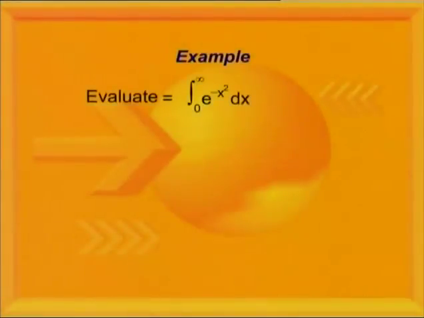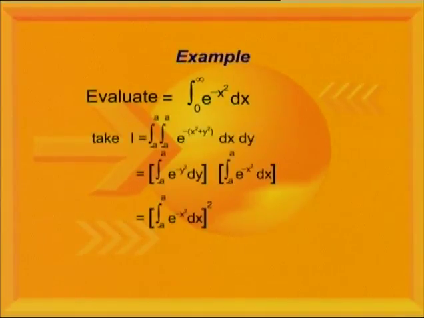This is integration of e raised to power minus x square with respect to x from x is equal to 0 to infinity. See, this is not an elementary integral, we cannot find the integral of e raised to power minus x square quickly, because its derivative 2x as a factor is not present. However, we are finding this integral.